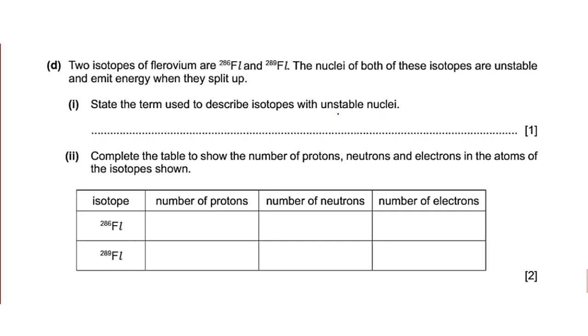Actually, guys, the words unstable nuclei, and here it said emit energy. So emit energy and unstable nuclei, it means it's radioactive. So radioactive plus isotope, it produces something called a radioisotope. Okay, it's called radioisotope.